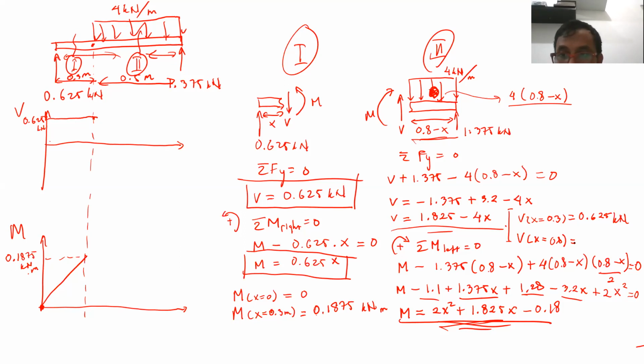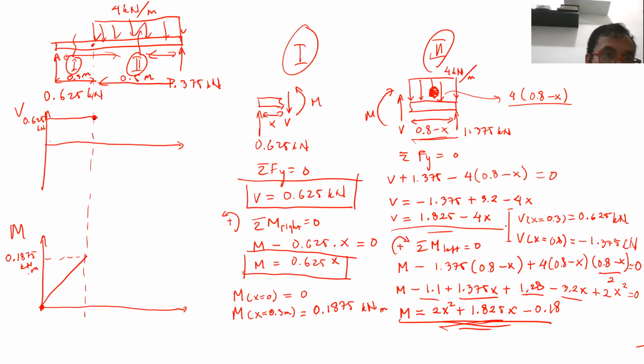Oh yep, yeah, this is correct. I wrote it wrongly, sorry. It's supposed to be minus 1.375 kilonewton. So it's correct, right? So now we can draw it.